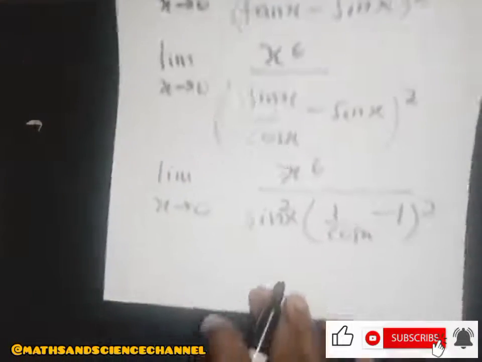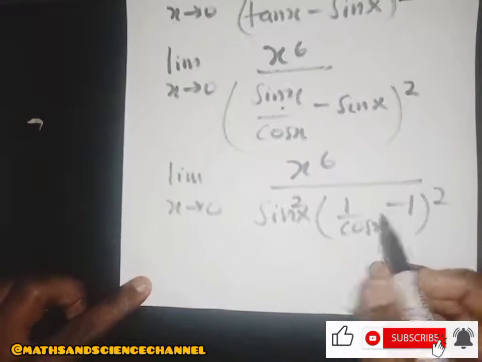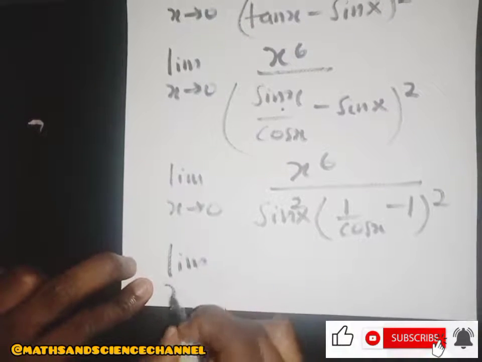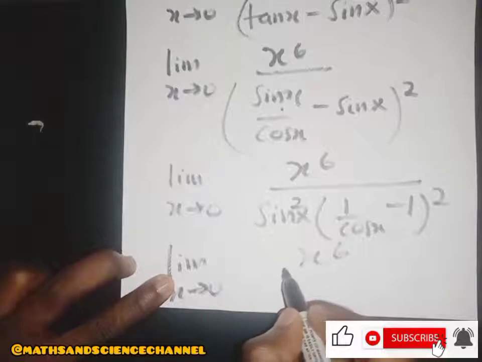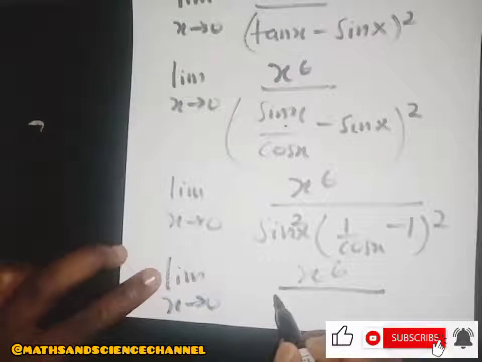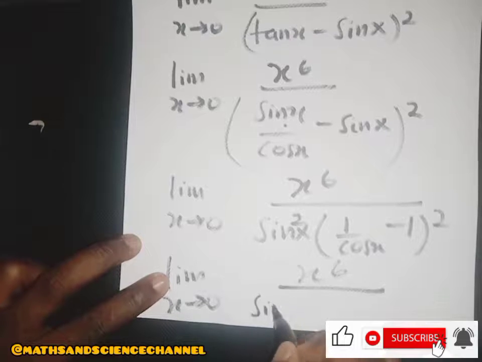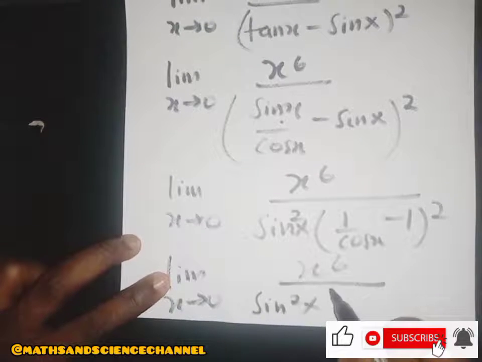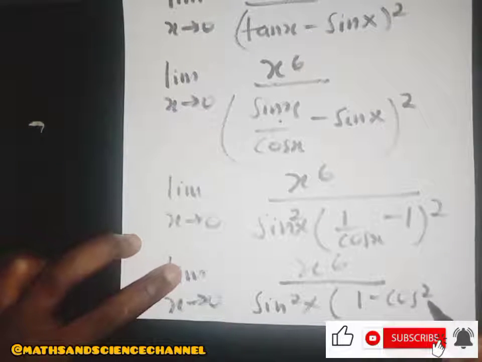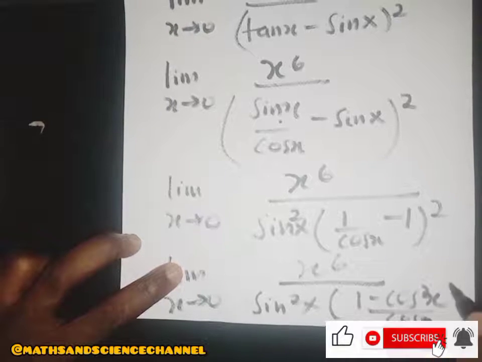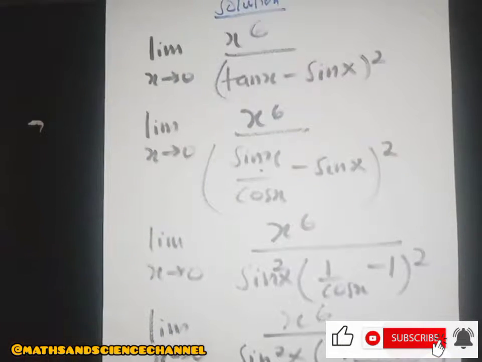Now from here we can simplify that. So x to the power 6 being divided by sine squared x, and then simplifying this we just have 1 minus cos x being divided by cos x, and then we just add the square to it.